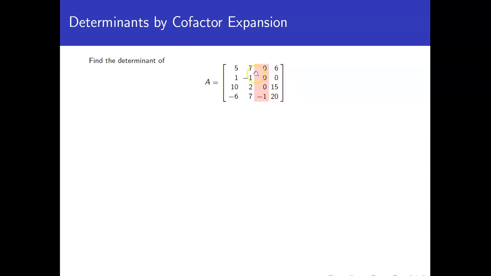So for example, one of those products would be 5, -1, 0, 20, because we used row 1, row 2, row 3, row 4, and similarly with the columns, exactly one time. Another permutation would be 6, -1, 0, -6, and we would do those products.